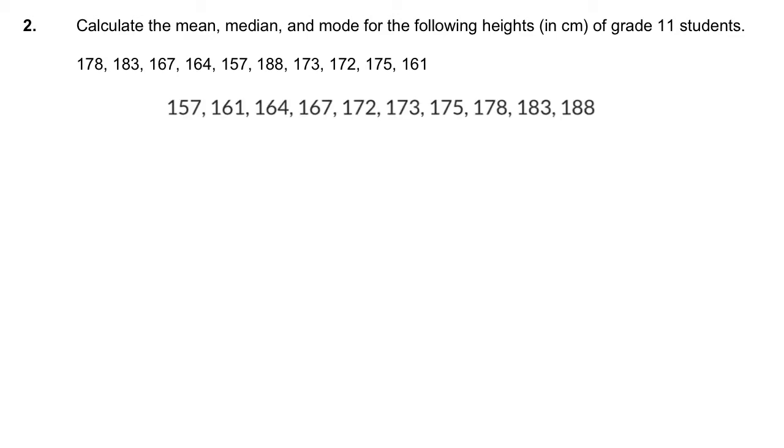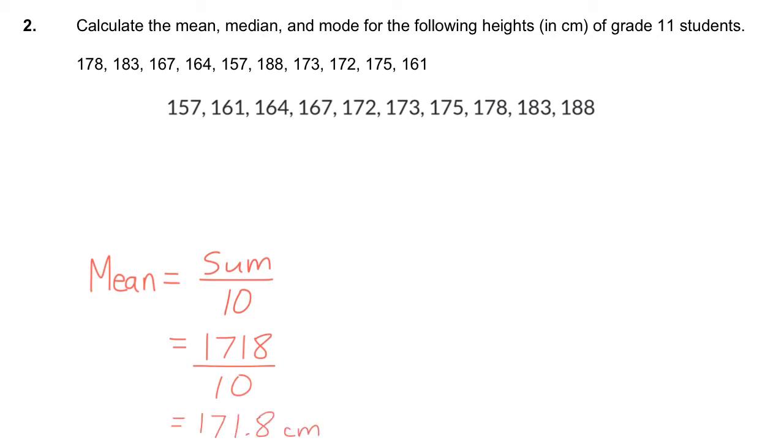Once I've done that, now I can start my calculations. So again, I'm going to start with the mean, the average. So I'll get the sum and divide it by the number of items. I have 10 numbers in my list. So I take the sum, I divide by 10, and I get the mean of 171.8 centimeters.